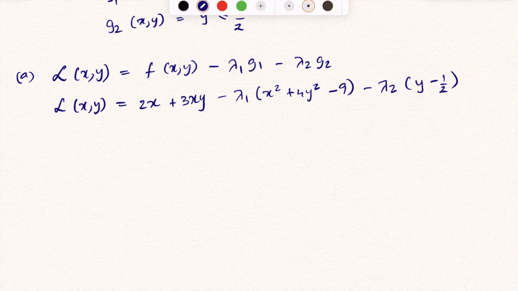This is the maximization function, and if you're going to flip that to minimization, of course, when you're optimizing, maximization and minimization are basically the same thing. And so when we minimize, we flip the signs on the constraint functions.